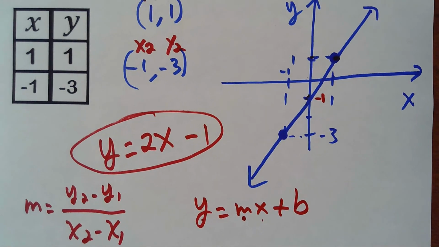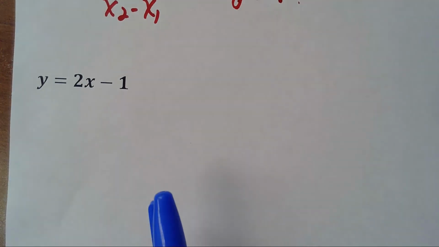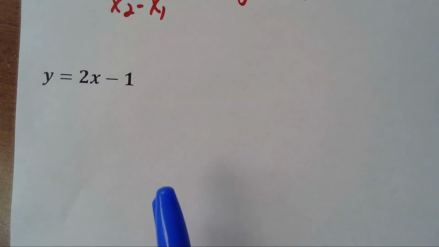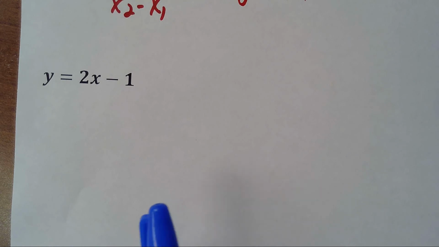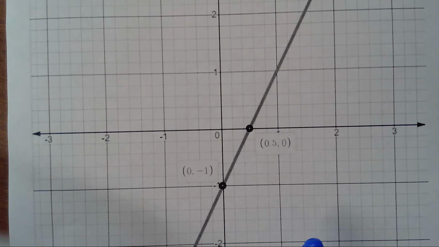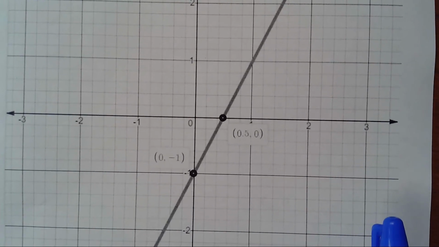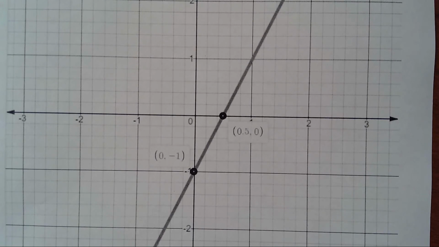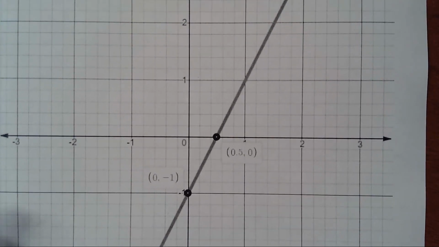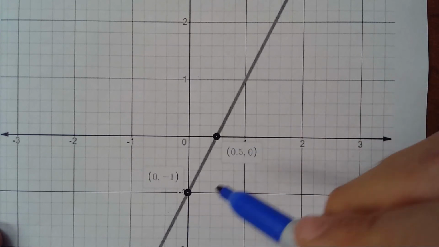Okay, now let's see, we did the equation first, we did this, now we will work from the graph. You have here the graph and they tell you to find 2 points. Okay, let's do a table first. I can see here, I'll try to find points where the lines cross the grid.